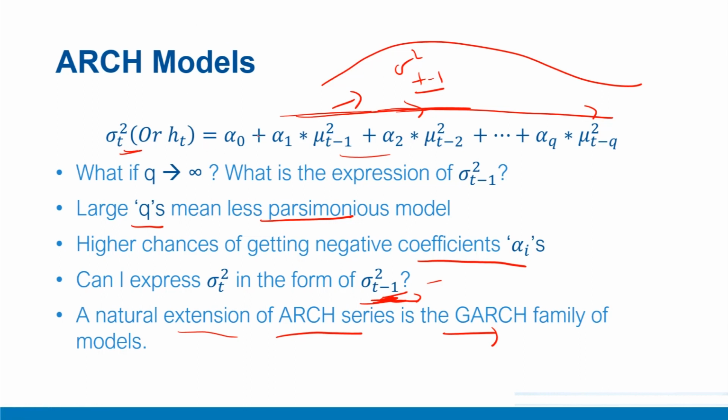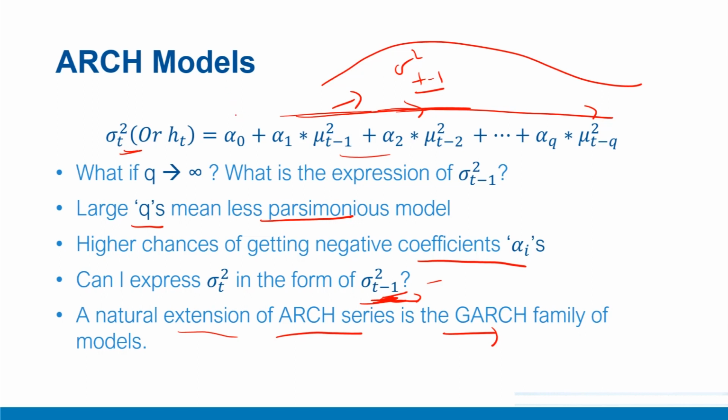To summarize this video, we noted that the ARCH series of models very nicely capture the idea that the volatility estimates should have higher weight in the more recent terms, and as the time passes and a particular period becomes older and older, its impact on the volatility estimate should decay.